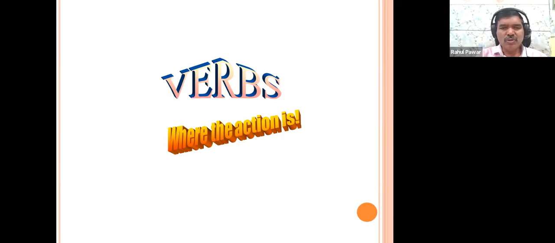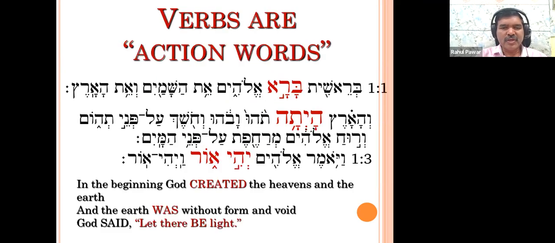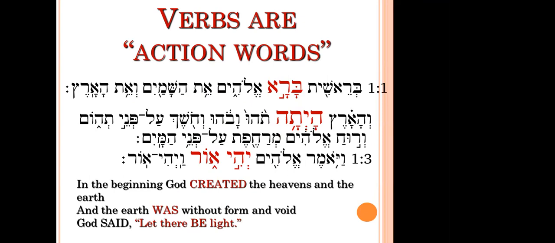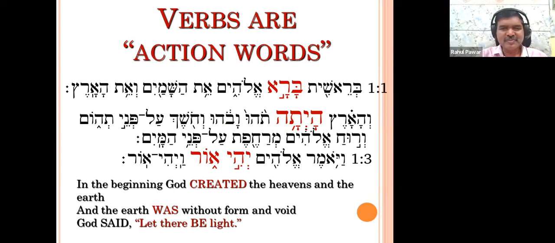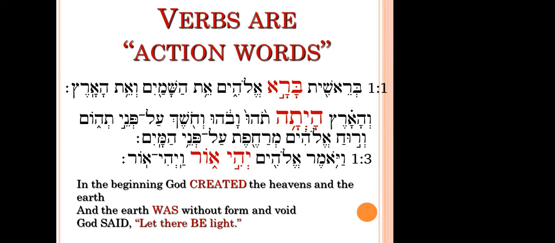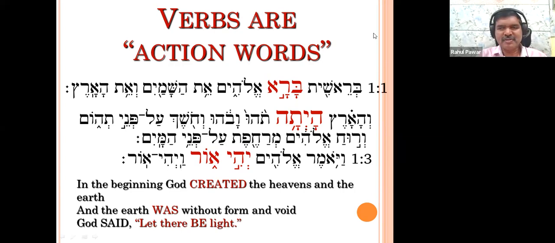So verb, you all know that is where the action is. Now, read this. Sister Tina, you can easily read it because you are very familiar with these verses. Bara Elohim et hashamayim ve et haaretz. First word you omitted.